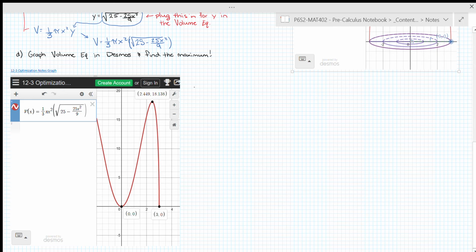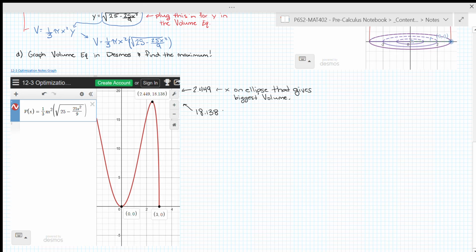Right? So that 2.449 is the x-coordinate on the ellipse that gives me the biggest volume. And the 18.138 here is not the height of the cone, right?